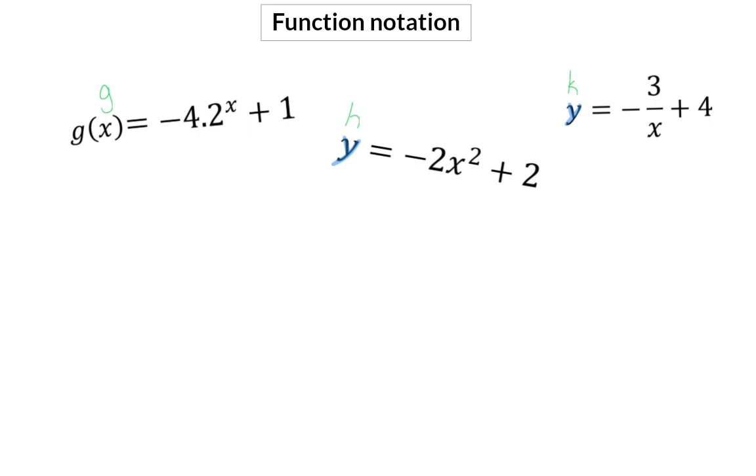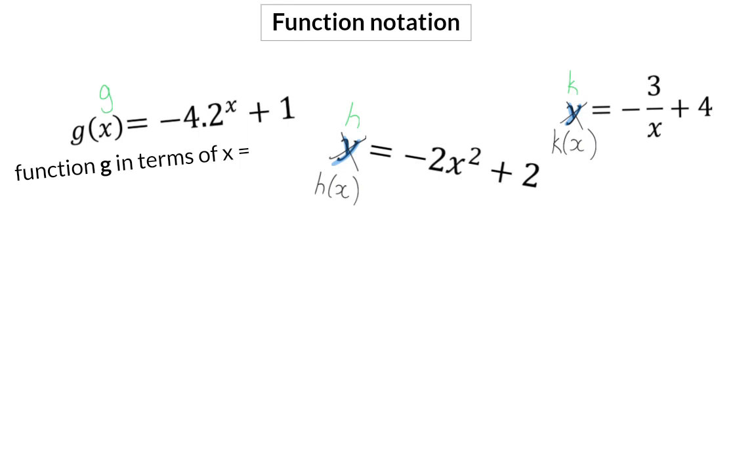This g(x) then means function g in terms of x is equal to. Similarly, for our second function, we can substitute the y with h(x), and in the third function, k(x). All three of these still represent the y value of that specific function.